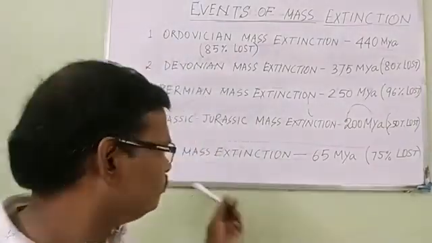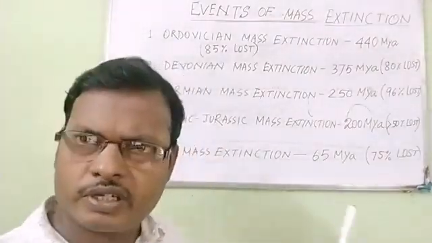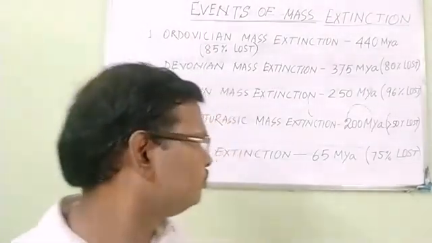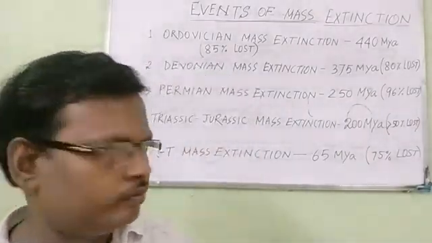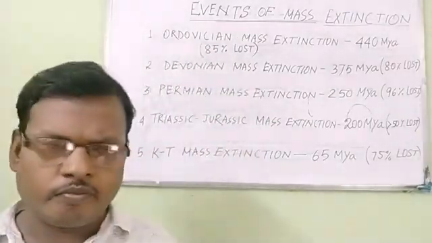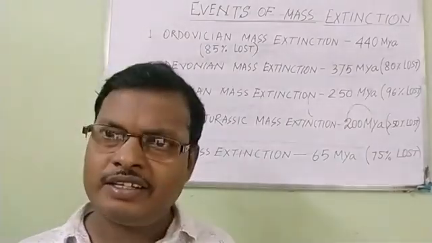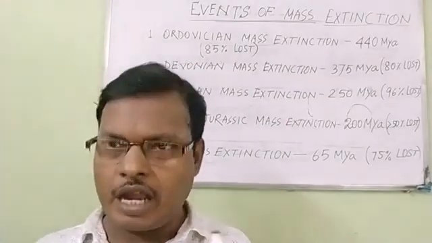Therefore, this mass extinction that took place 65 million years ago and accounted for 75% loss of existing species is most significant regarding mammalian evolution, and in turn this favored our evolution, our appearance, human evolution.